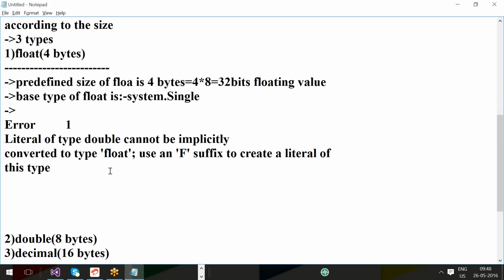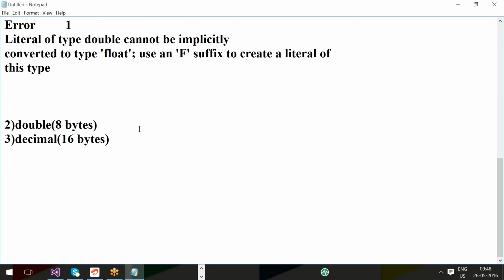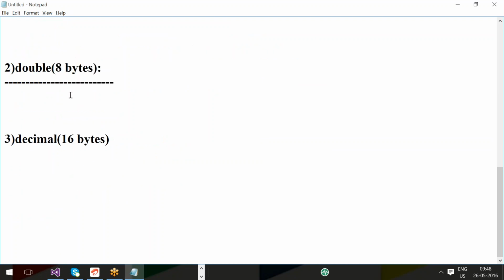Right. Next, we have to see another data type called double. Predefined size is 8 bytes, 8 into 8 equal to 64 bits.